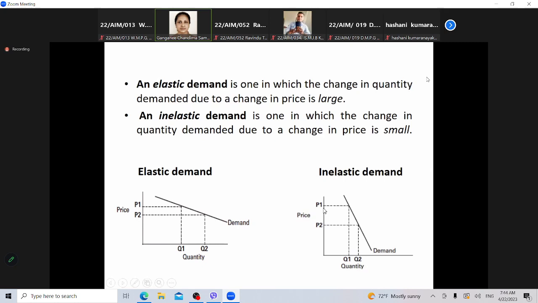Then the numerator is lower than the denominator. Numerator is the price change, denominator is the quantity change. So here the price change is more, that means the denominator is more, that is inelastic demand.